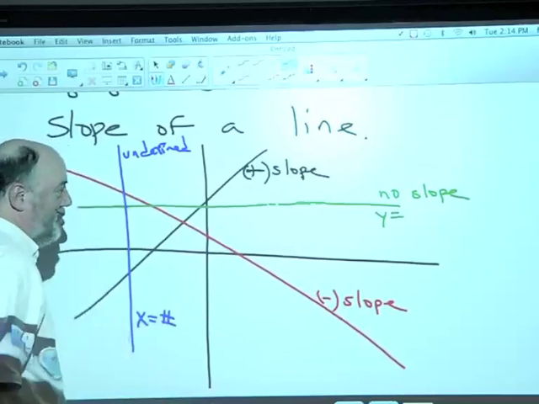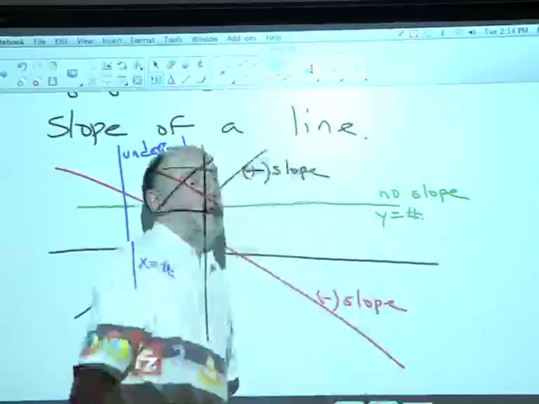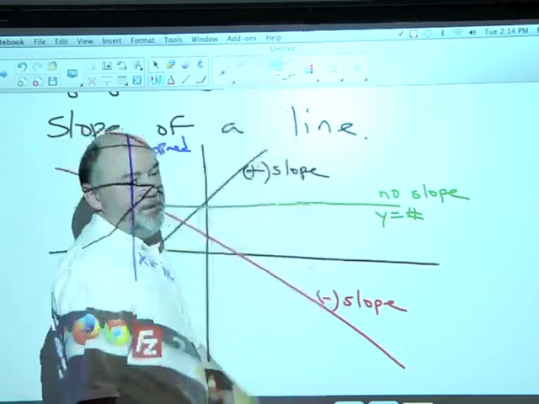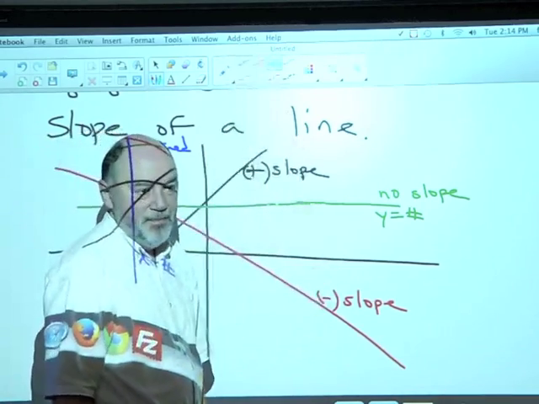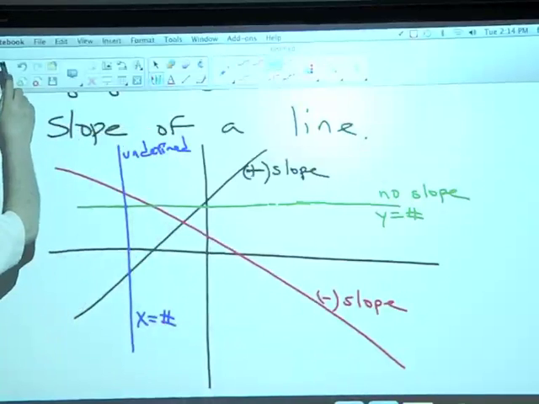So let's put those numbers over there, actually. Okay? Y equals 3. Straight line, going across, 3 units above. X equals 5. Go over 5 units, straight up and down. Okay? Any question on that part?